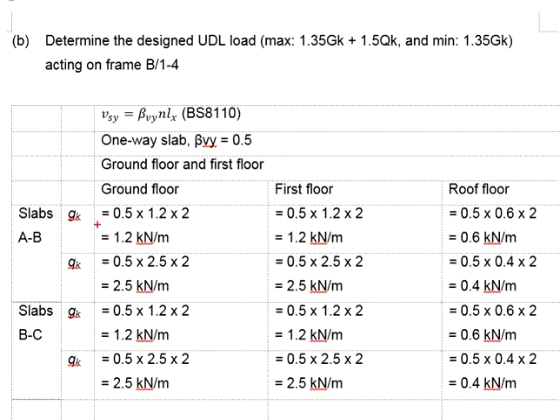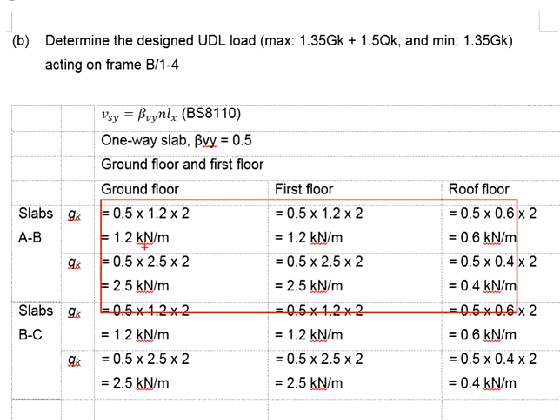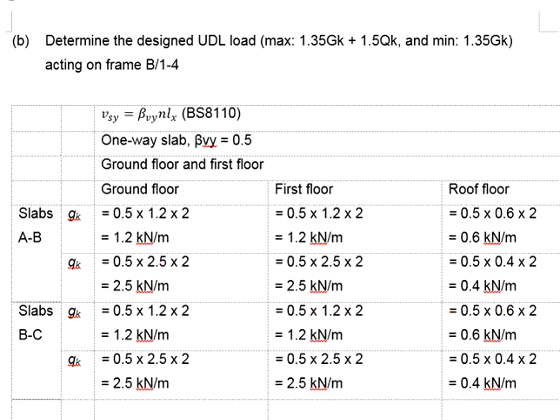That leads to 1.2 kilonewton per meter. You will do the same process for the QK, which is given 2.5, and then for the roof, GK and QK.